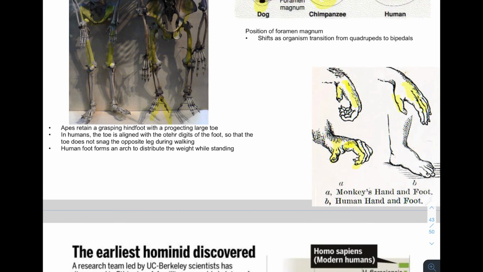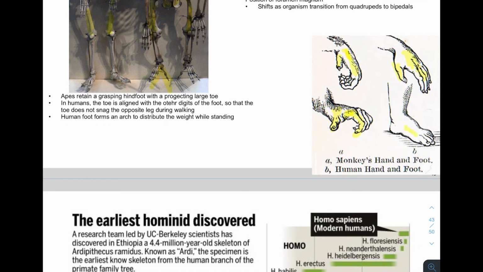So move your thumb about in a big circle and see how much movement you get there, and try to do that with your big toe. You see that with the big toe, we have lost that ability. And that's because now we are cursorial. We are walking. We are no longer swinging from one branch to the other. And so we've lost the ability to do that with our feet.